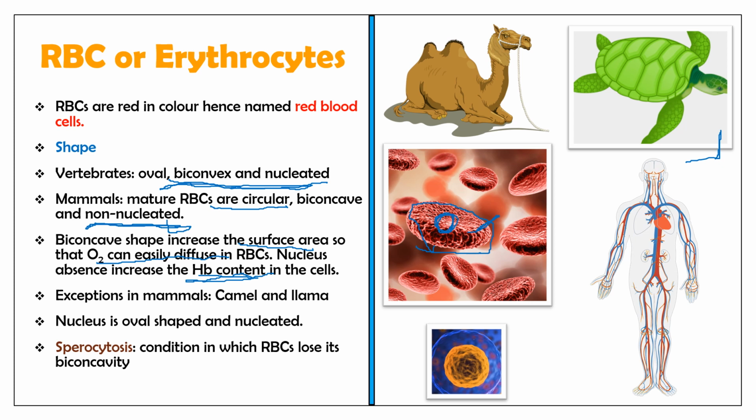There are some exceptions in mammals in which the cells contain a nucleus and are oval, not biconcave. There is also a special condition known as spherocytosis, in which RBCs lose their biconcavity. This leads to less dissociation of oxygen.